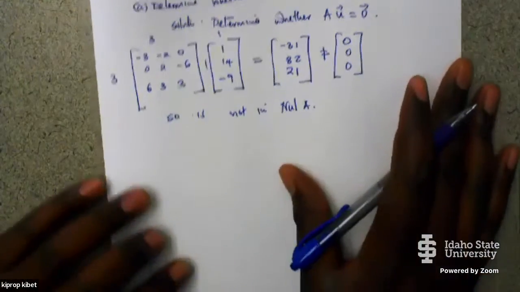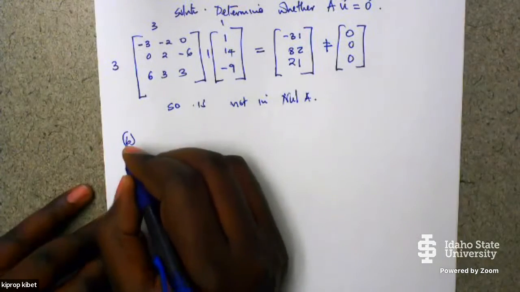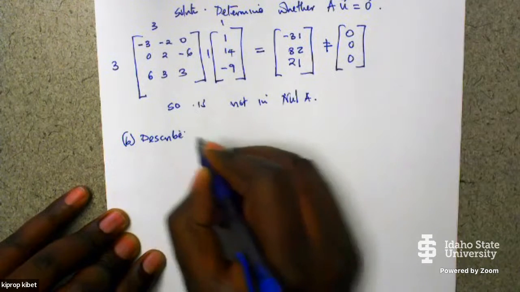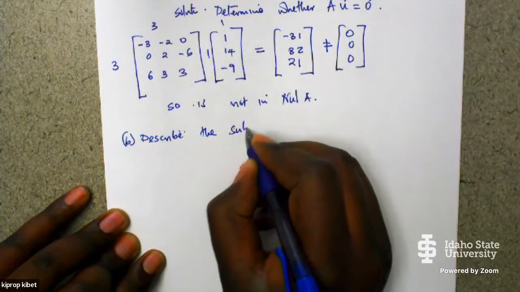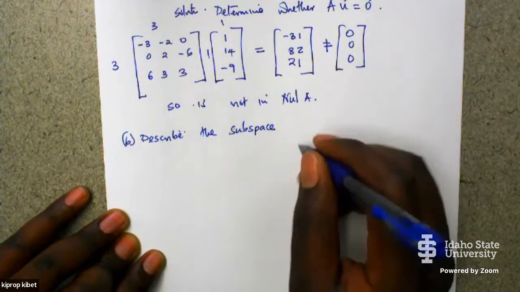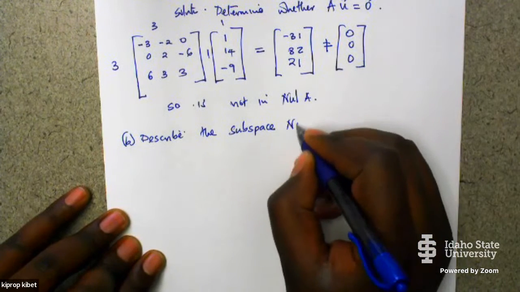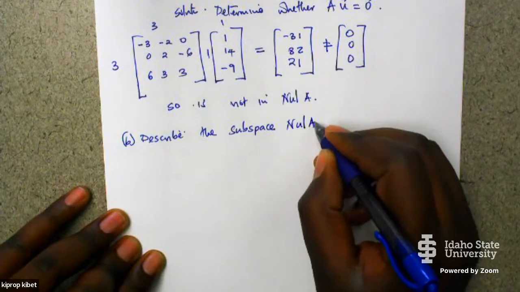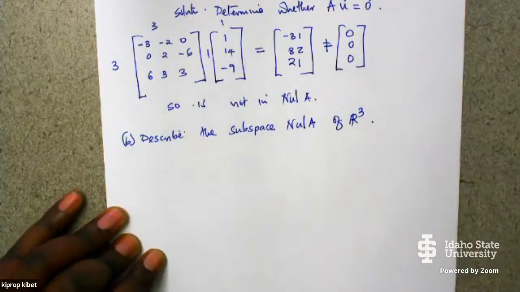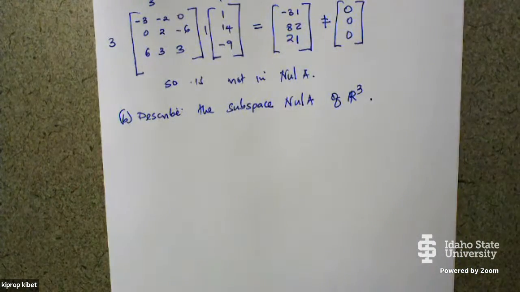Number B. Describe the subspace null of A of R3.